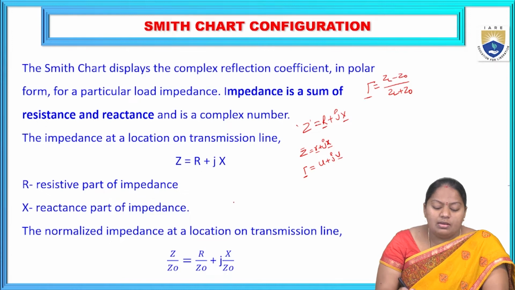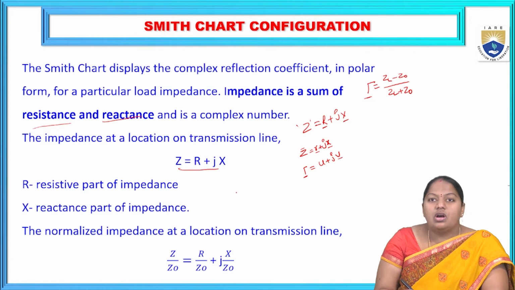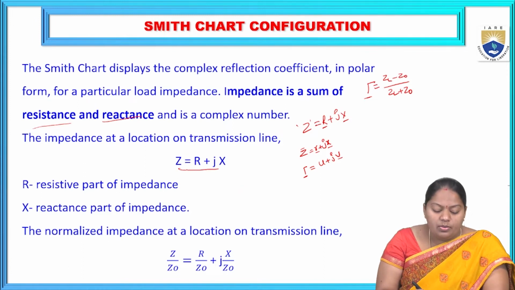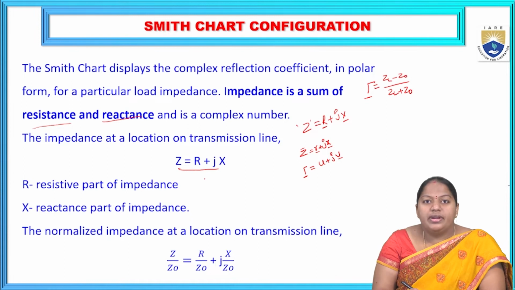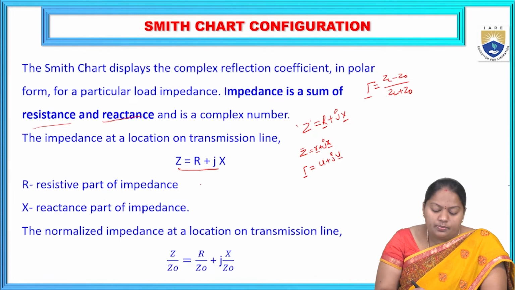Now impedance is a sum of resistance and reactance, and in general it is given by Z equal to R plus jX, where R is the resistive part of the impedance and X is the reactance part. To express this in terms of normalized impedance, we divide this equation by the characteristic impedance Z0.